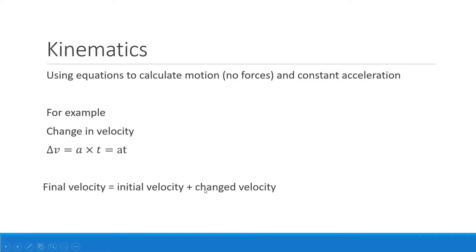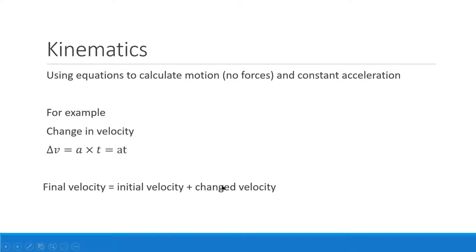If your change in velocity happens to be negative, because your acceleration is negative and you've dropped speed, then your final speed will be this minus this, because it's a negative change. If it's a positive change because you're faster, it'll be plus this value.